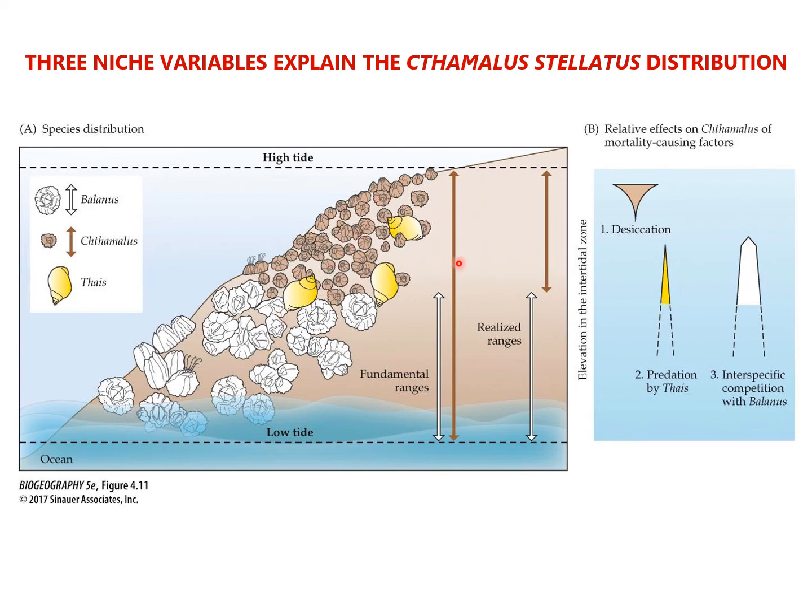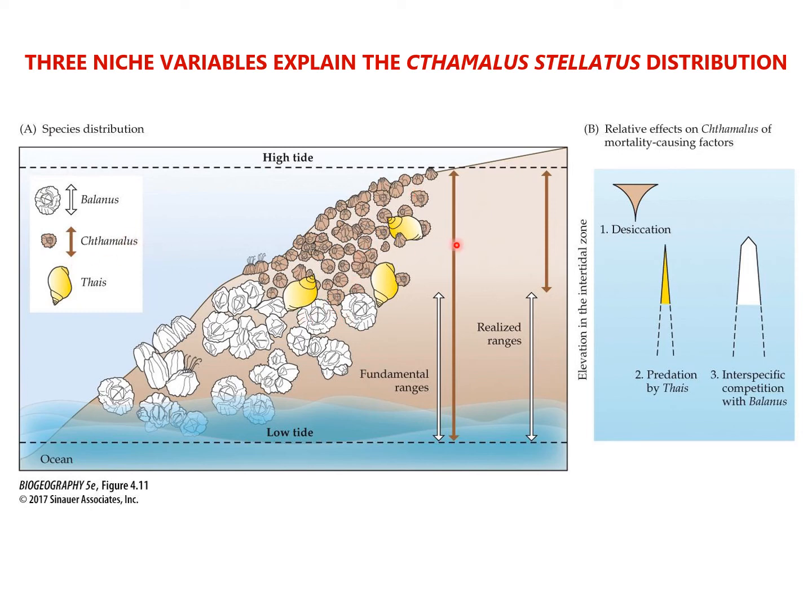What they concluded is that the Thamylus upper range is limited by desiccation. It gets too dry up here for it to survive. But the competition between these two species keeps them in their respective spots. Thamylus can't compete as well down here, and Balanus can't compete as well up here.